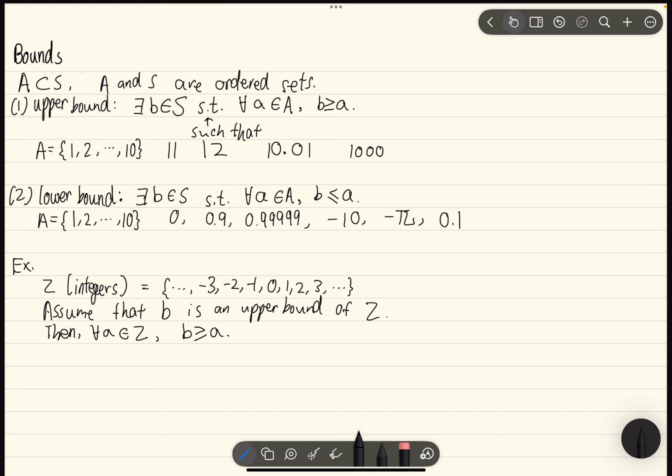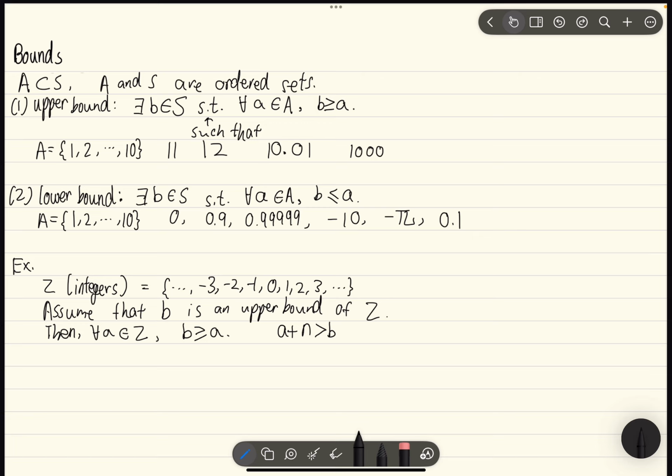And there will always exist a number, say a plus a certain number like n, that is going to be larger than b, because the set Z includes all integers. So no matter what b is, it's a finite number, right? You can define it, you can write it down.